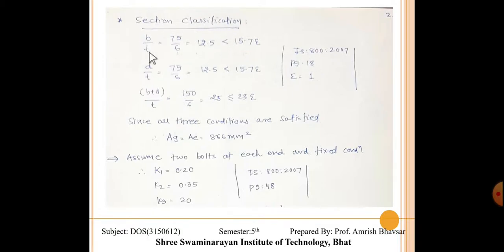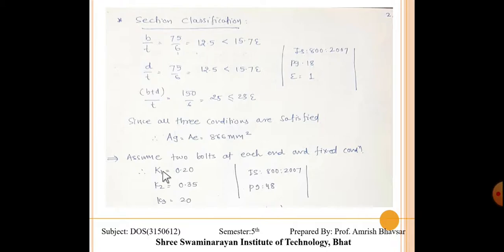If these three conditions are satisfied, then our AG is equal to A, and that is 866 mm square. Now whenever we are going to design a section, we just assume that our applied load is eccentric. Always we have to assume this.